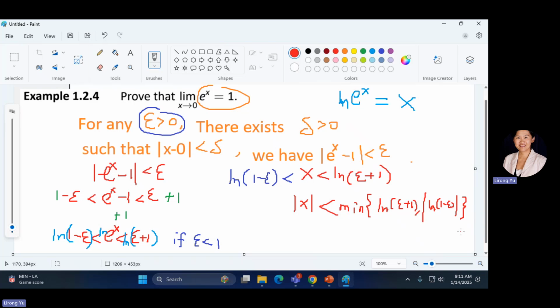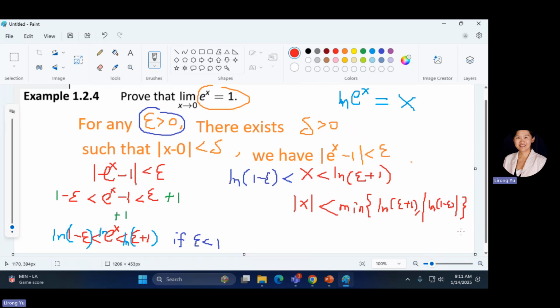That's why I'm taking the absolute value of it. If you don't want to take the absolute value, you put a negative before it. Negative natural log of 1 minus epsilon will be okay for the upper boundary. But anyway, for these two numbers there's no guarantee which one is bigger or smaller. That's why we have to take a minimum, the min function, so we are not choosing the wrong one.